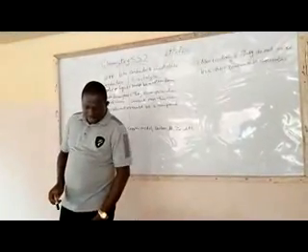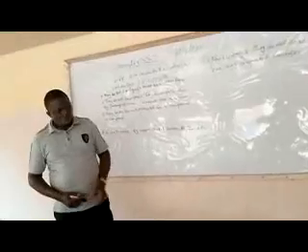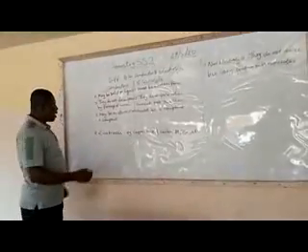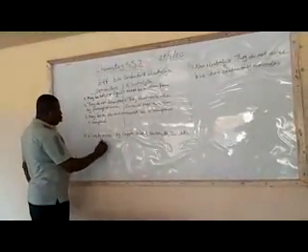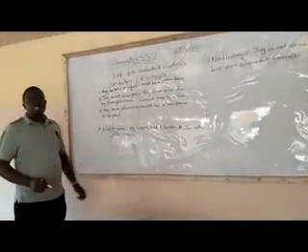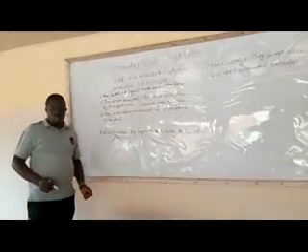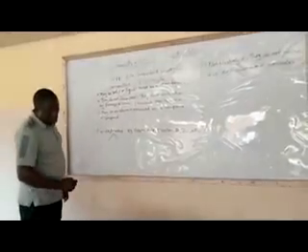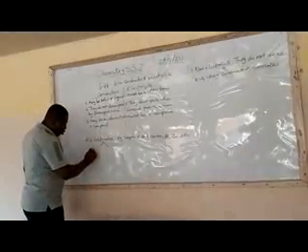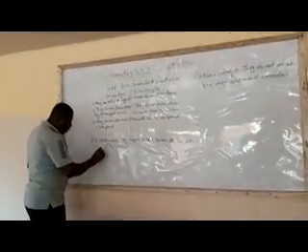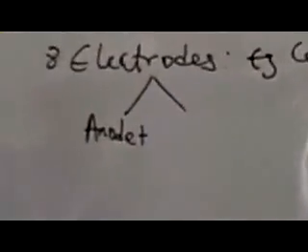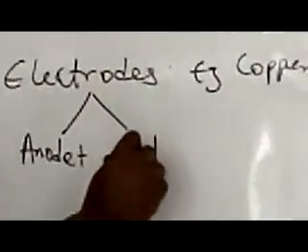Under electrodes there are two types. If it is positively charged, it is called an anode. But if it is negatively charged, it is called a cathode.